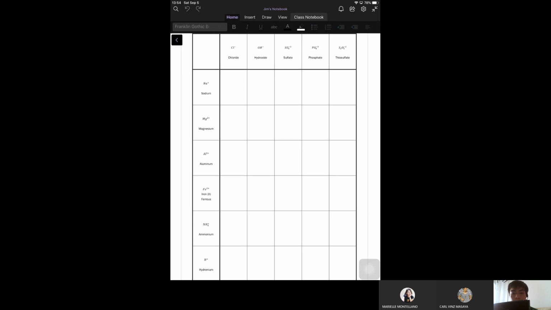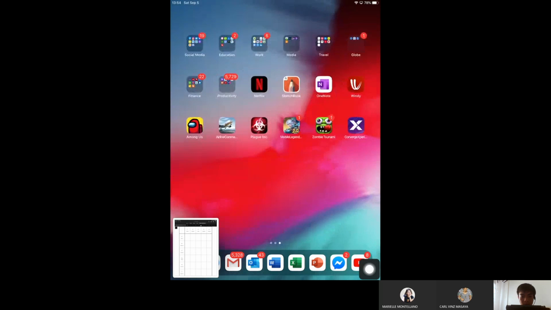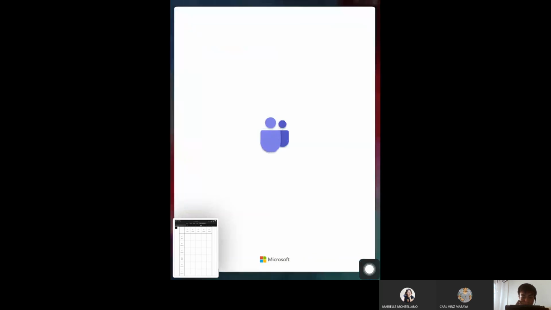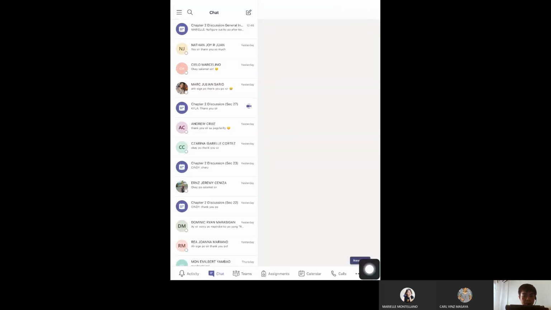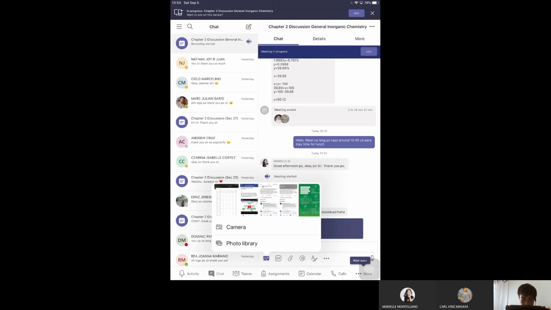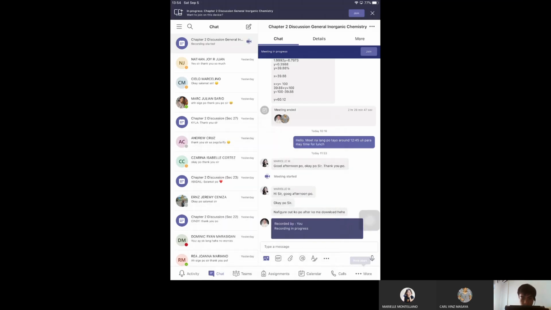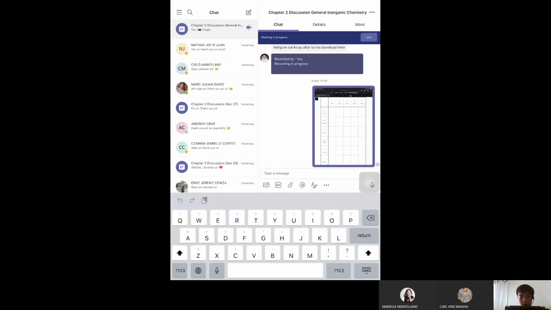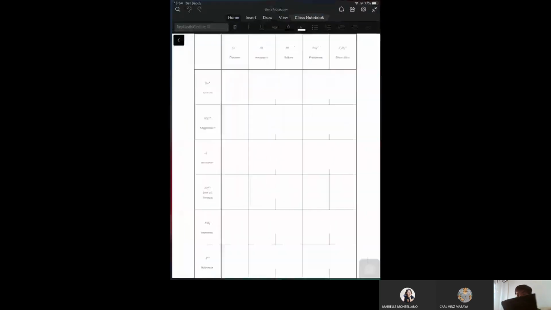Hindi ka lang makita sa cellphone nyo. Upload ko sa chat box natin. Screenshot ko rin dito. Upload ko sa chat box, ha. Ayan, so may copy na kayo.